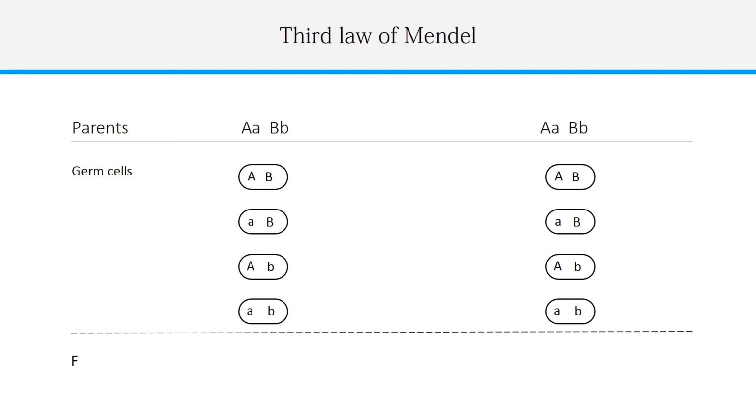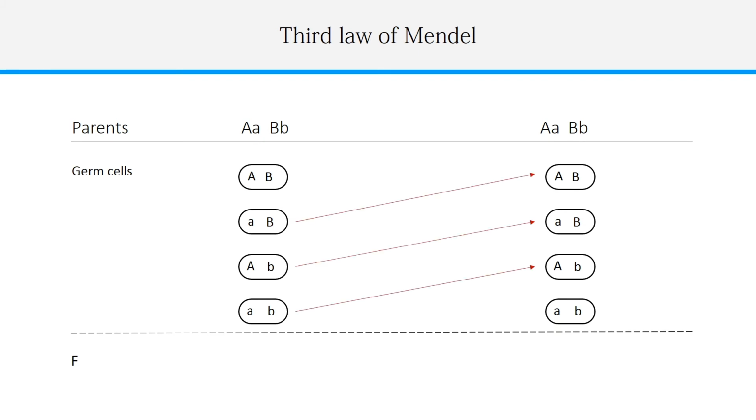In order to show what the genotype of the next generation organism will be, we have to count the different possibilities of combinations between germ cells of one parent and germ cells of the other parent. And this is illustrated in this slide. Possible combinations are like this, but this is not all.